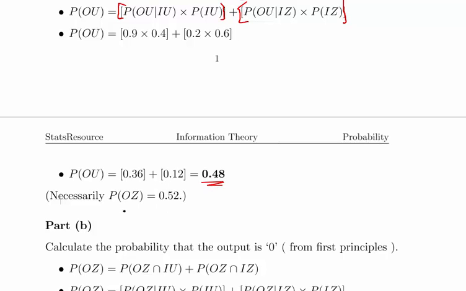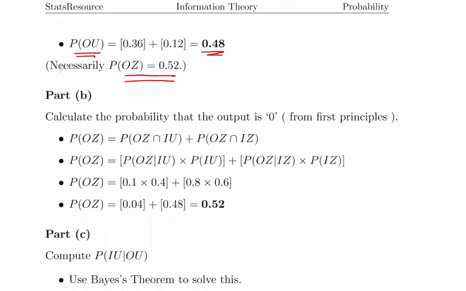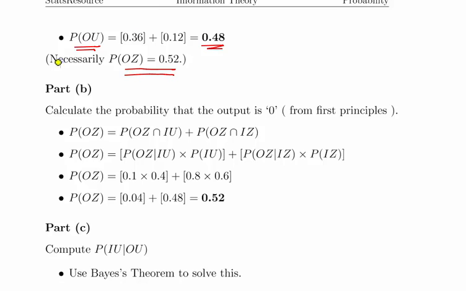Now necessarily that means that the probability that the output is 1 is 0.48, and we can immediately tell that the probability of the output being 0 is 0.52. We weren't asked for that, but that's something we should spot immediately. Now that's going to help us, but what I'm going to do is test this straight away. We actually know our answer already, but I decided to reconfirm it here. So the probability of output 0 is the probability of output 0 and input 1, plus the probability of output 0 and input 0.